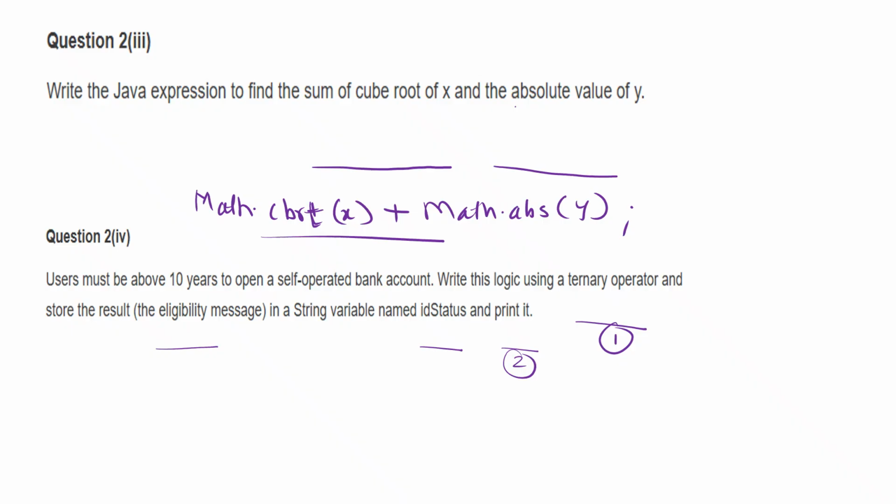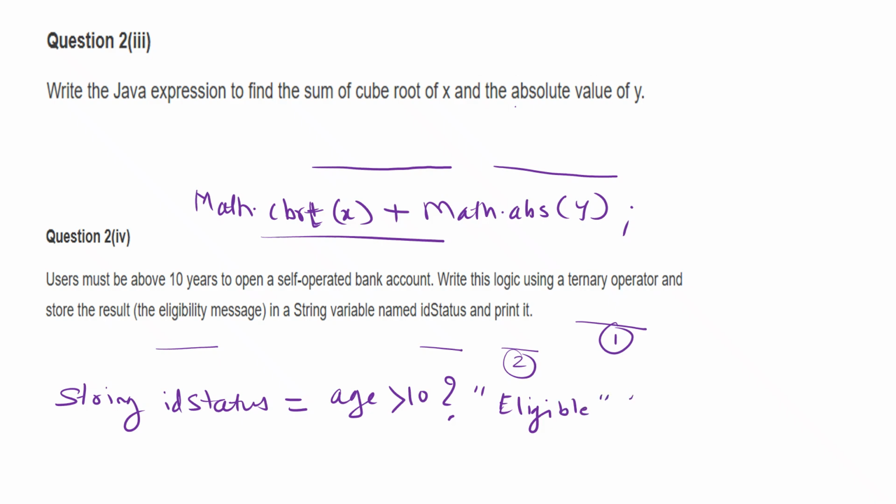Store the result in a string variable: String idStatus is equal to age greater than 10, ternary. If yes, then I will store the message idStatus is equal to eligible, else I will just write the message as non-eligible.